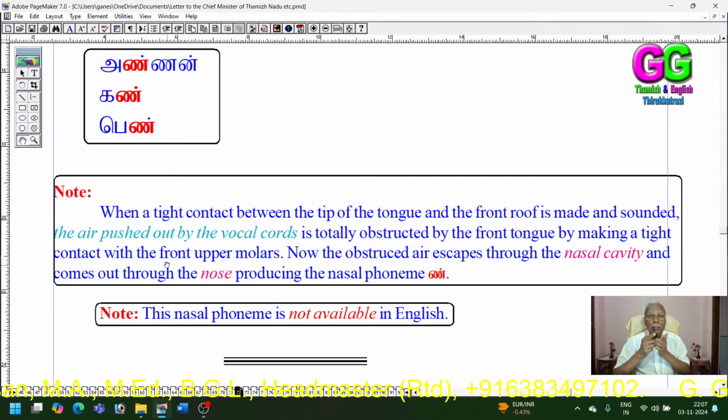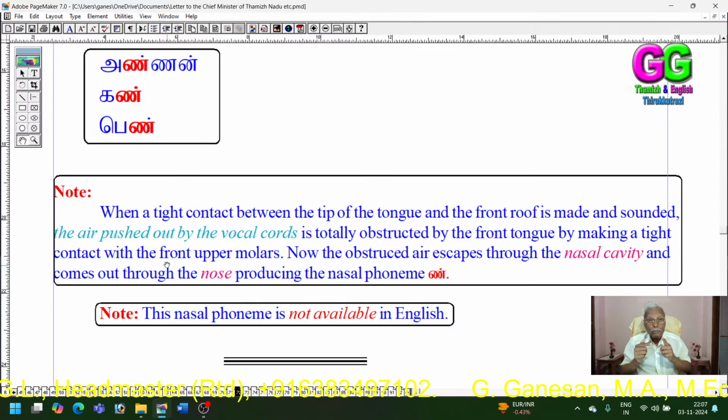In the production of ல, the air pushed out by the vocal cords escapes through the two sides of the front tongue and comes out through the nose, producing the phoneme. ல and ன are produced at the same place.